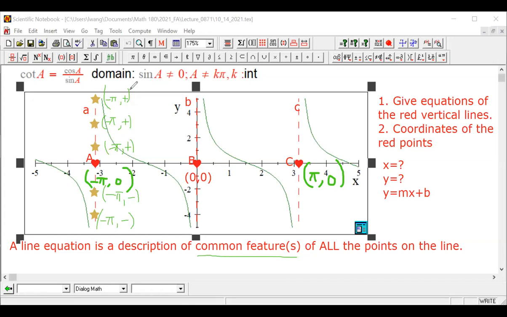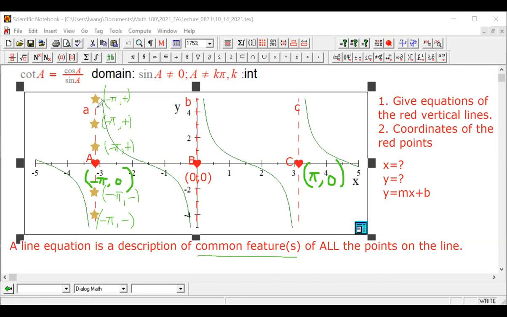They are obviously not always the same, but they have something in common too: y can be any real number. You can go as high or as low as possible on this line. So y, in a sense, is free. What does it mean for a variable to be free? If a variable is free, it's not going to show up in the equation.